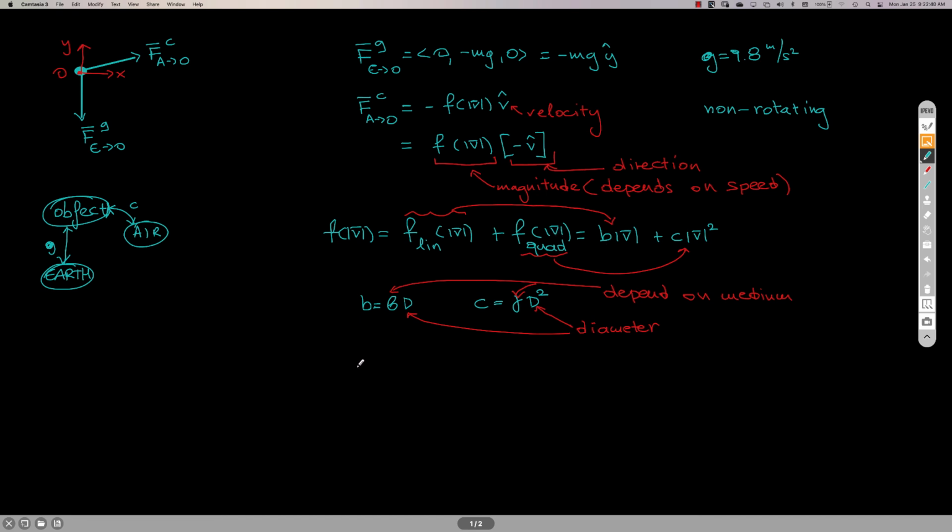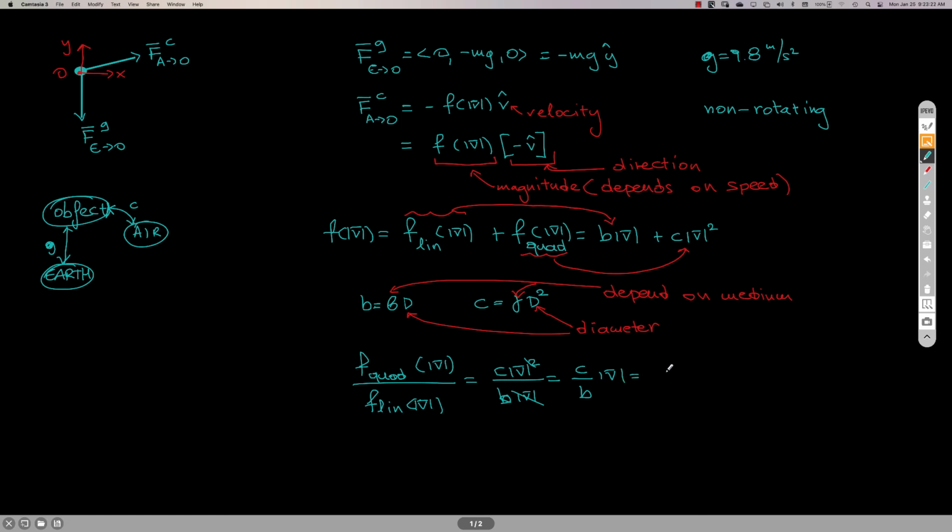I can take the quadratic term and divide it by the linear term, and this will give me c times the speed squared divided by b times the speed, and the square of the speed cancels, so I have c over b times the speed.